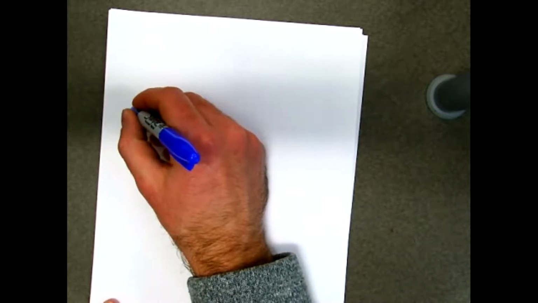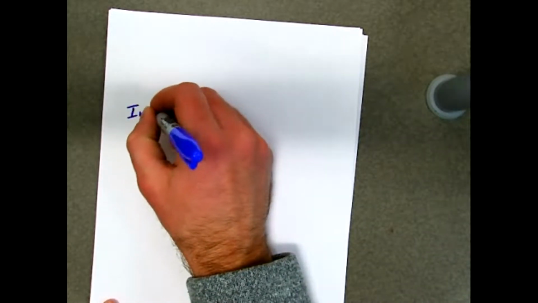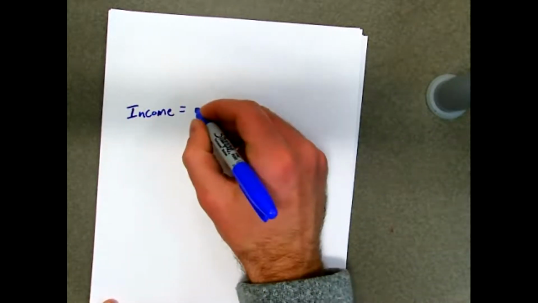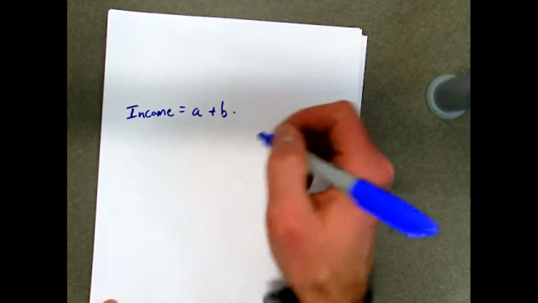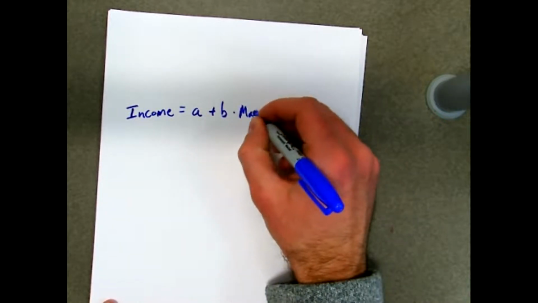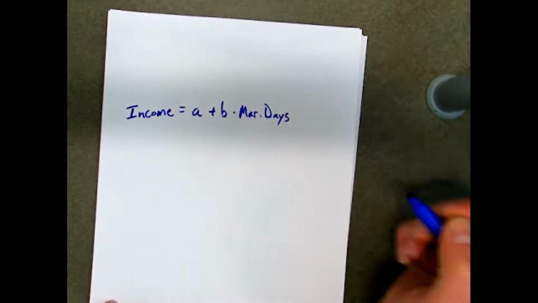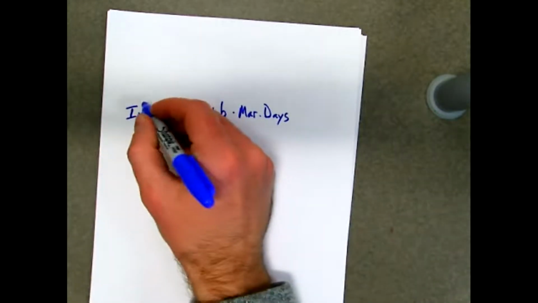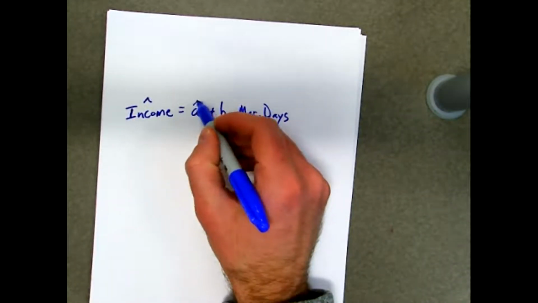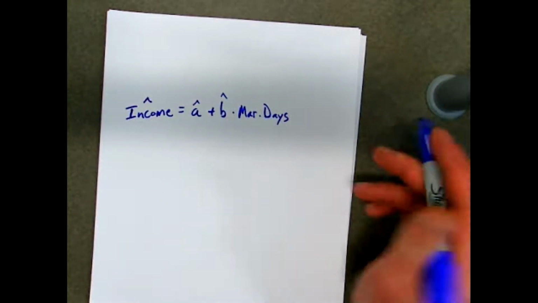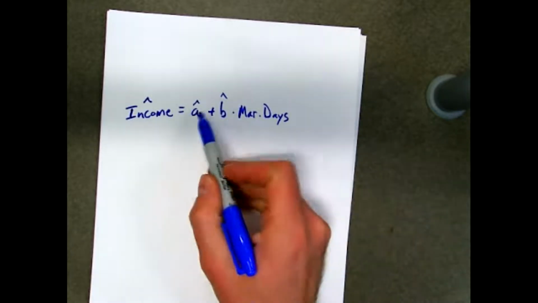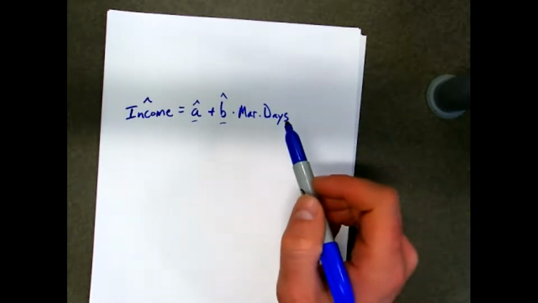This is bad for productivity. So we've got the individual's income, and we could think it's a function of the number of days they use marijuana. So we could come up with this predicted income if I can get estimates for my intercept and my slope.